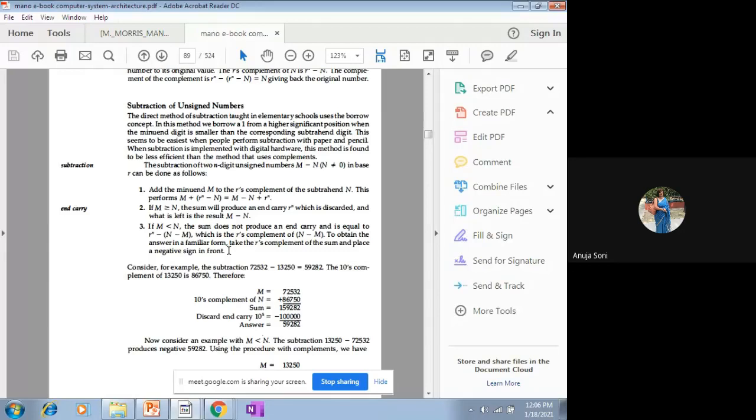Here we are discussing how the system does it using complements, using the tens complement. Subtraction is generally performed in the system using R's complement, using 2's complement, because the system always deals with binary values. Even if we are talking about decimal or any other numbering system, internally the system processes the entire data in binary form. So internally the subtraction is performed using 2's complement.